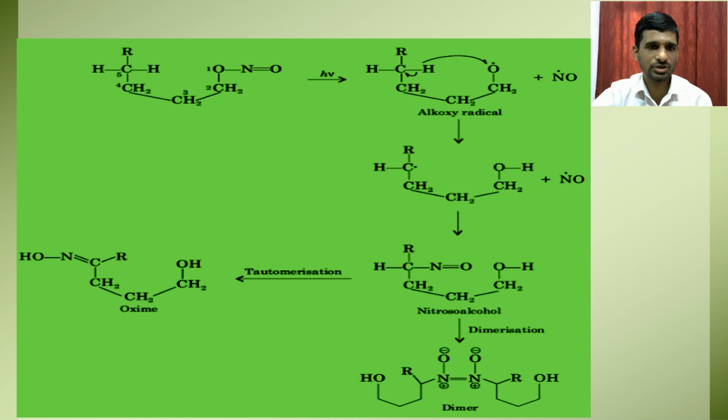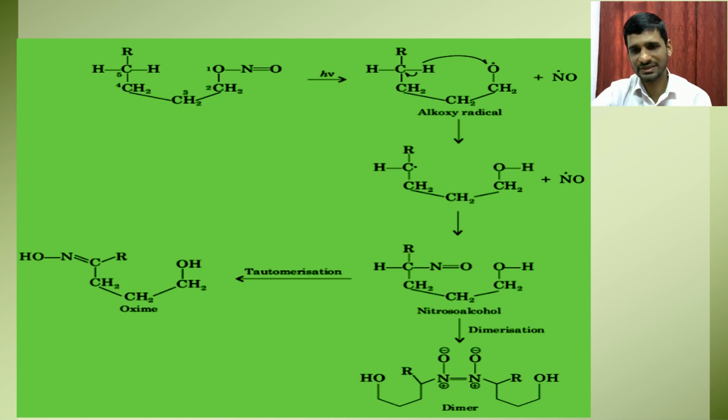Now this hydrogen over here, which is present at 5th carbon atom, on irradiation with light, homolytic bond fission will occur. Due to this homolytic bond fission, this hydrogen will be driven towards this oxygen via 6-membered cyclic transition state and a free radical is formed. This free radical can combine with NO free radical to form nitroso alcohol.